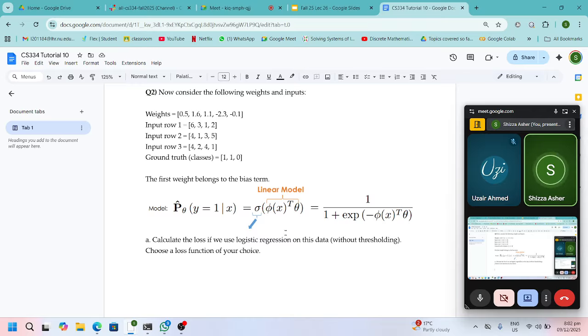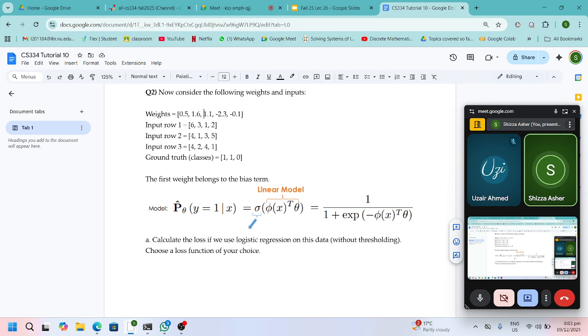This is how you find the outputs. ये जो आपको फाई ऑफ एक्स टी थीटा गिवन है, this is over a certain parameter value. You are finding the output using a linear model. लीनियर मॉडल मीन्स कि इन वेट्स को सिंपली मैं मल्टीप्लाई करूंगी अपने इनपुट्स के साथ, बायस टर्म को मैं ऐड करूंगी और लीनियर आउटपुट निकल आएगा मेरे पास. That linear output then goes into your, जो आपके पास ये बाहर वाली साइड पे फंक्शन है, this is your sigmoid function, and this is what your sigmoid function is.